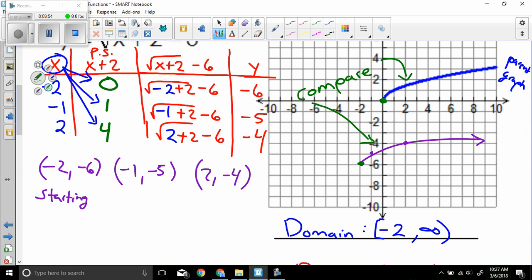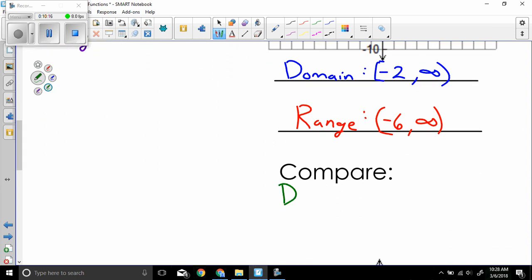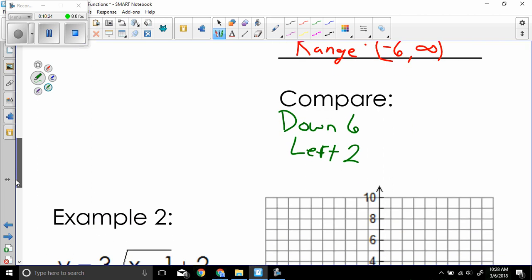I would have to go down 6, so down 1, 2, 3, 4, 5, 6, and then I'd have to go 1, 2 to the left. So that's actually exactly what I want to do. Here on the compare, I want to say you have to go down 6 and to the left 2. And we're going to use that here in a little bit.